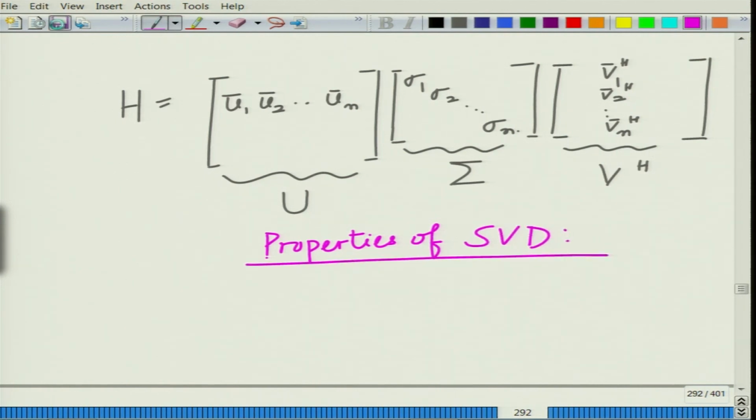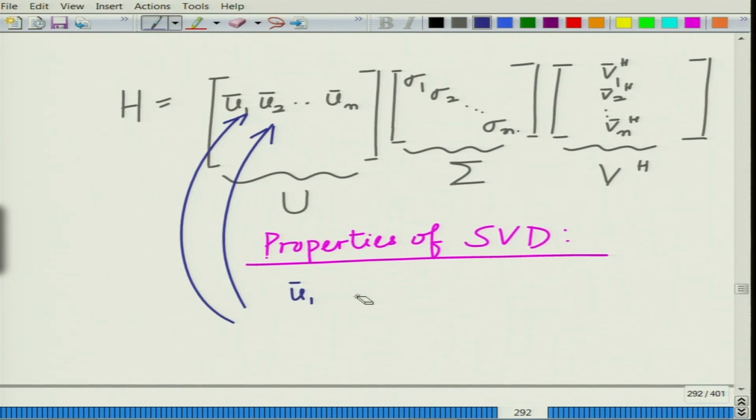If you look at these vectors u1 bar, u2 bar, so on up to un bar, these are orthonormal vectors.